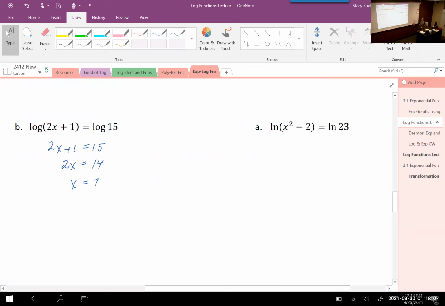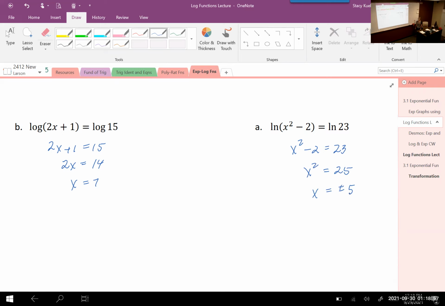All right, and y'all do the last one right there. You get x is equal to plus or minus 5.